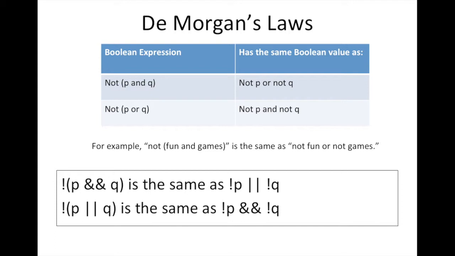These two properties are called De Morgan's laws. They come from formal logic, but they are useful in practical programming as well.